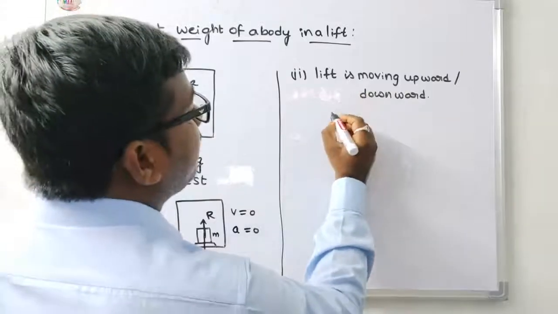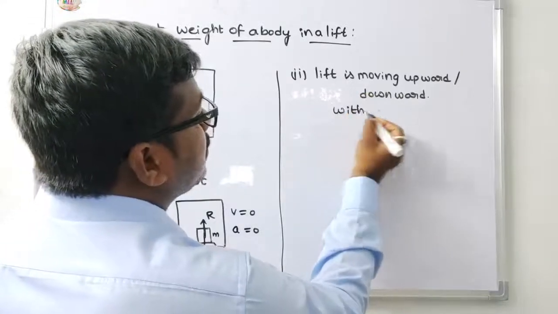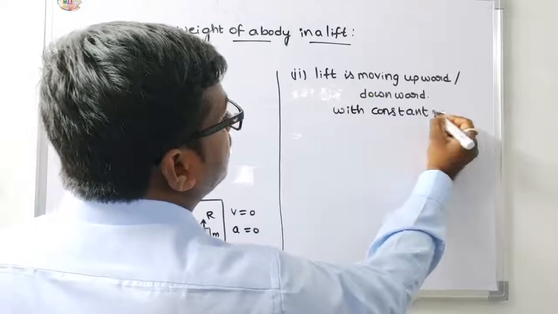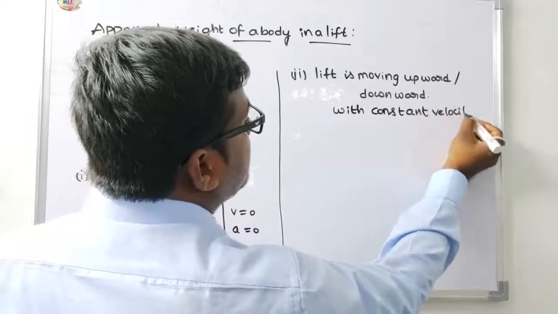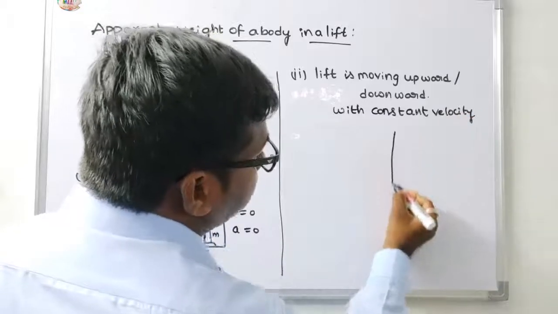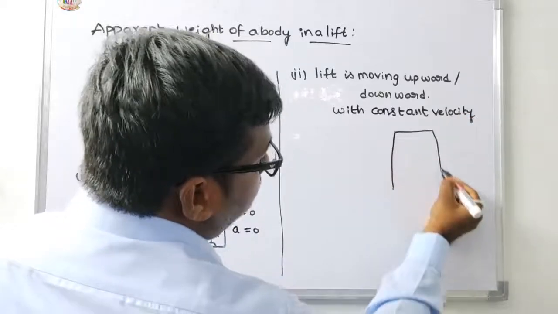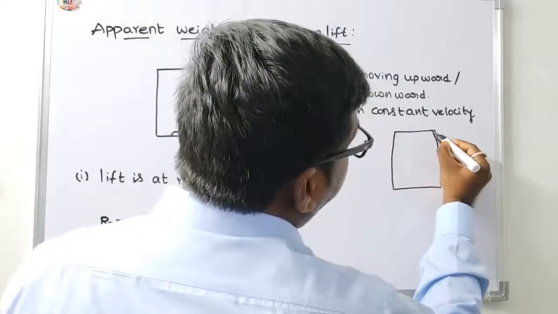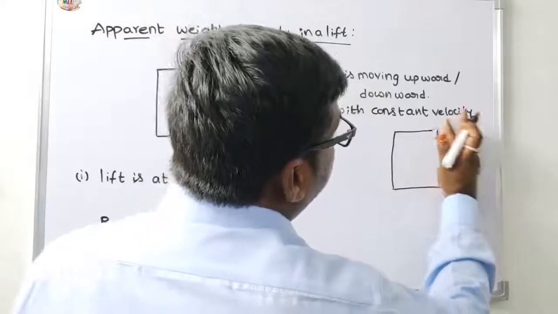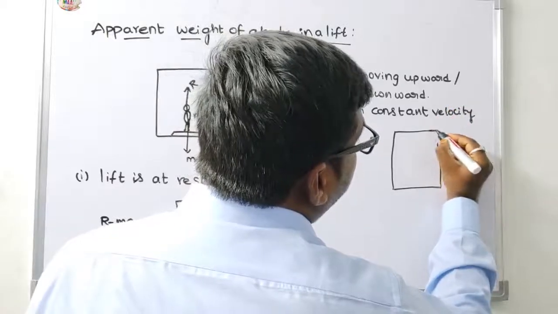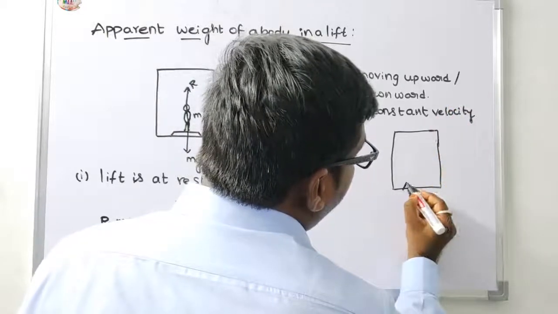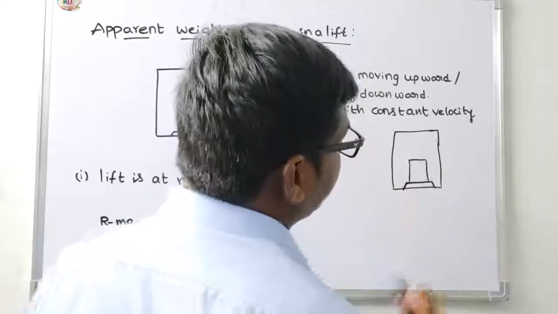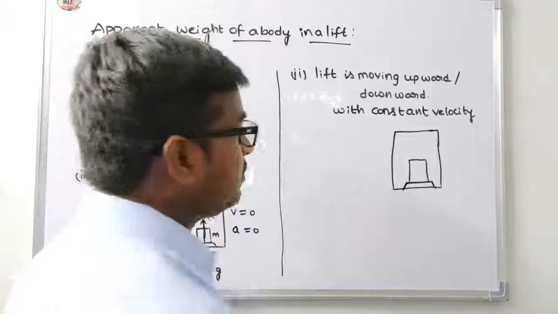Constant velocity, and the block is placed on a weighing machine.